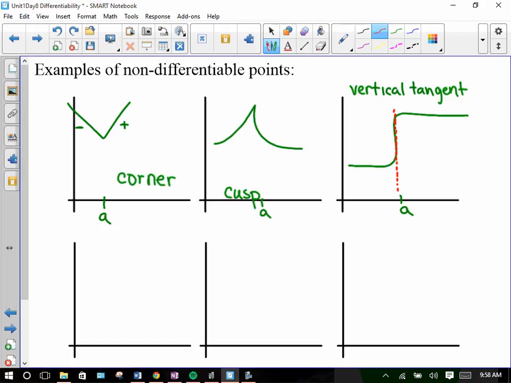One function that you'll see a lot that has a vertical tangent would be the cube root of x at x equals 0. That function in particular has a vertical tangent.